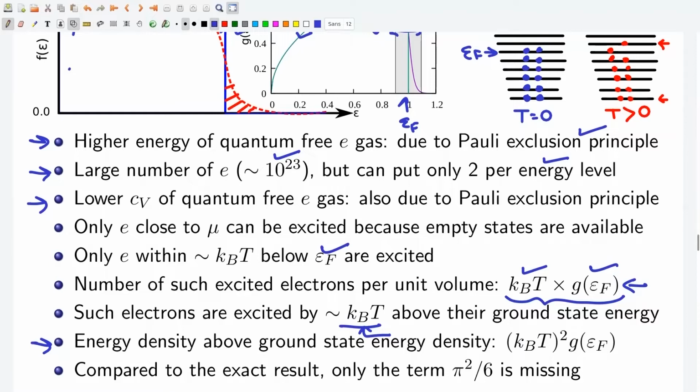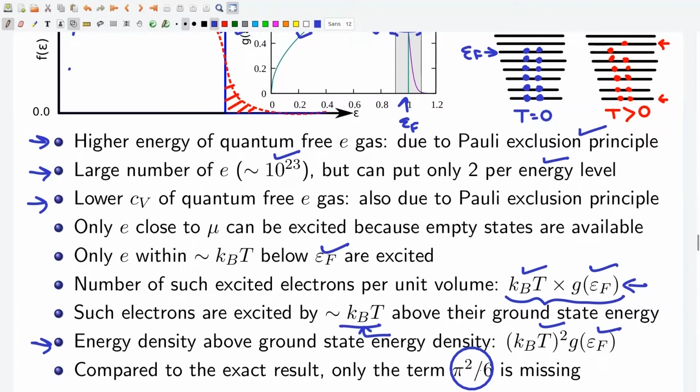If we multiply these two, we get a term like kBT squared times G of F. Now you can compare this to the exact result, and you see that they differ by a factor only. The exact result has this factor pi square by 6, which is some number of the order of 1.